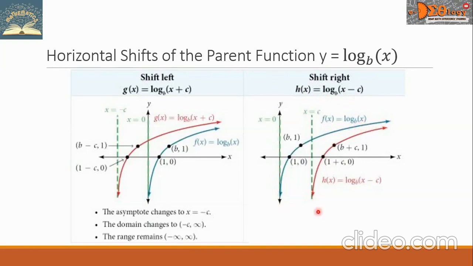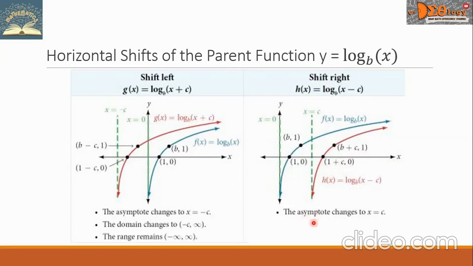This graph in red is the graph of h of x equals log of x minus c to base b. Take note that the x-intercept of this new function has coordinates 1 plus c, comma, 0. And the key point has coordinates b plus c, comma, 1.